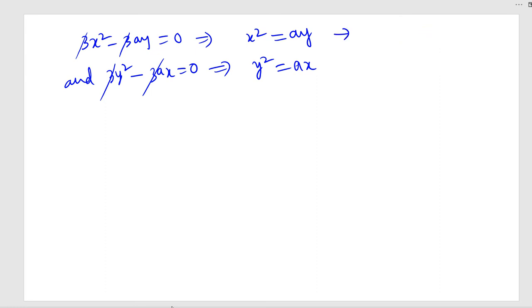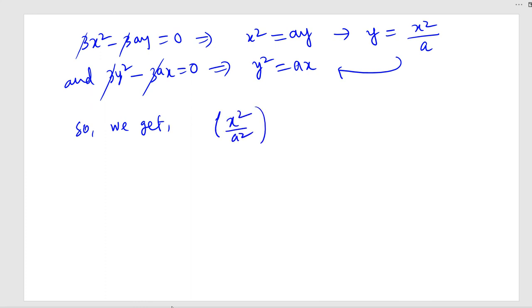So from here we get y equals x square by a, and we'll substitute it here. So you will get y square equals x square by a, squared, equals a times x.